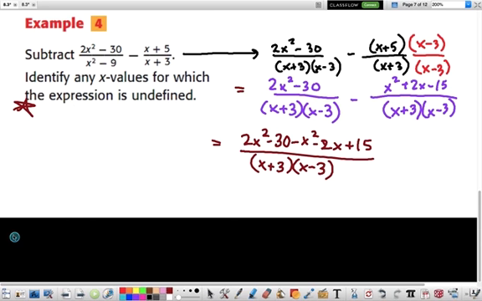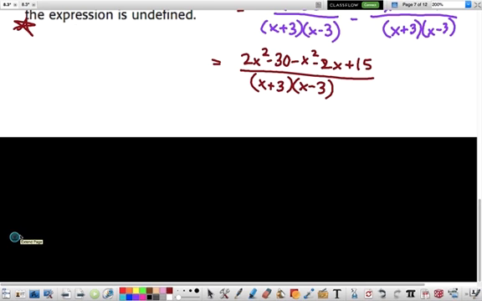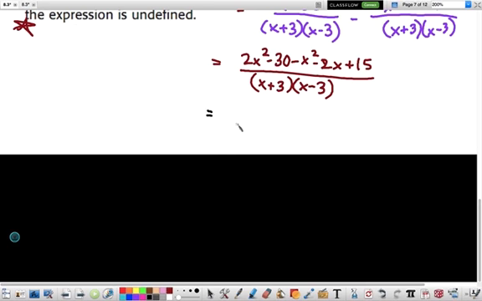Need to combine like terms. 2x squared minus x squared is x squared. Minus 2x. Negative 30 plus 15 is negative 15.